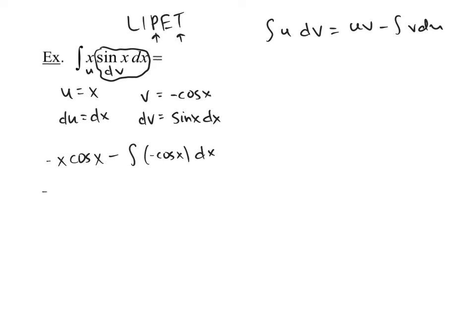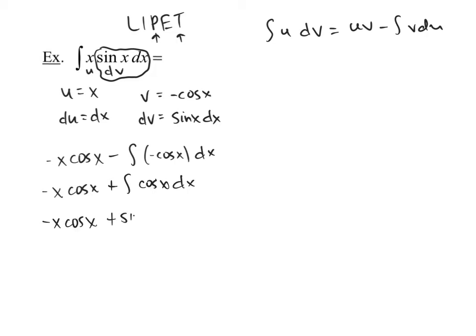Okay, so now my focus is going to be on that new integral at the end. This negative right here and this negative right here will become a positive, so this will be plus the integral of cosine x dx. As my final answer, I know what the integral of cosine x is.